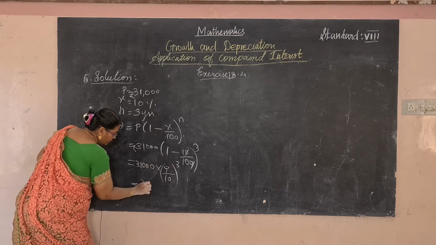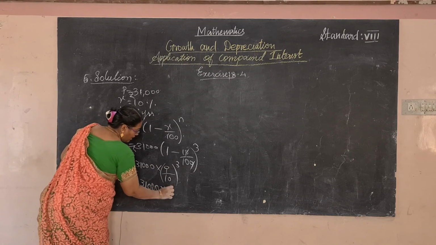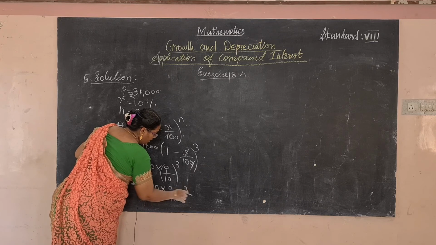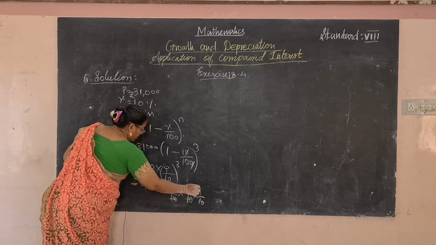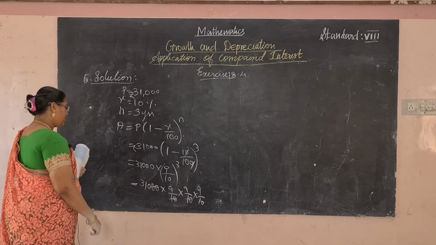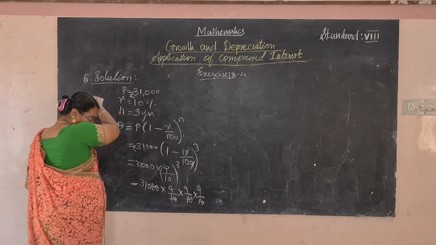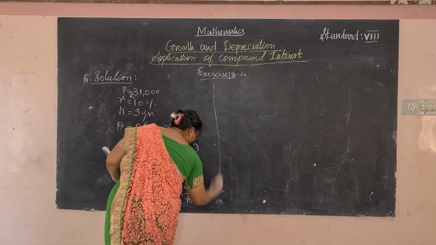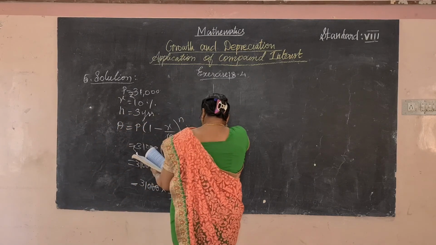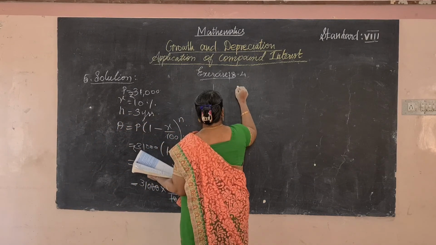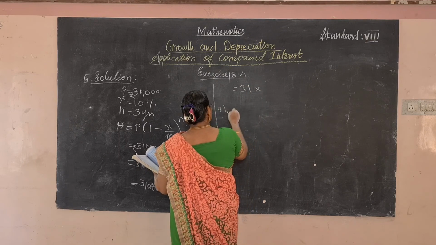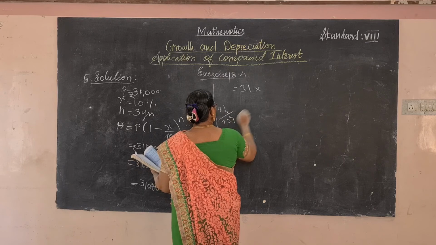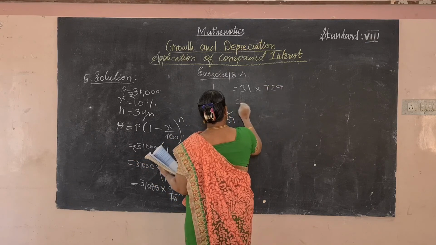Okay, so 31,000 into 9 by 10 into 9 by 10 into 9 by 10. 3 zeros will be cancelled. So multiply 31 into 81 9s are 729.